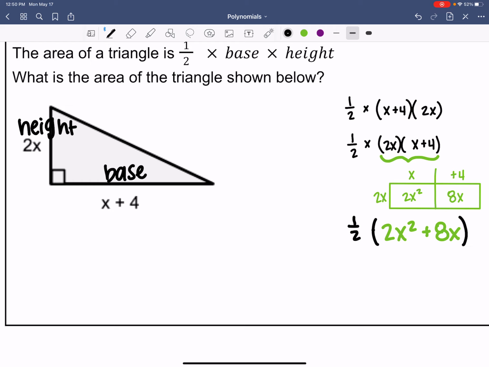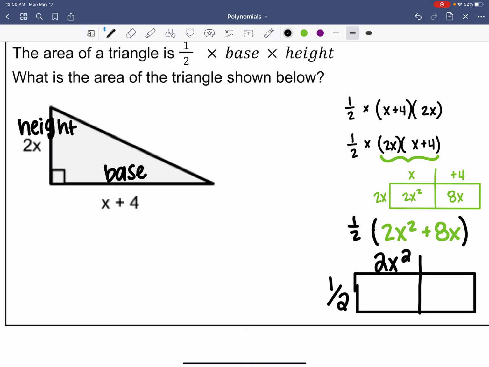So 1/2 times both of those, you can create another box, or you can just do 1/2 times 2 and 1/2 times 8. Either way is perfectly fine. So I'm going to create another box so that I can multiply 1/2 times 2x squared and 1/2 times 8x.